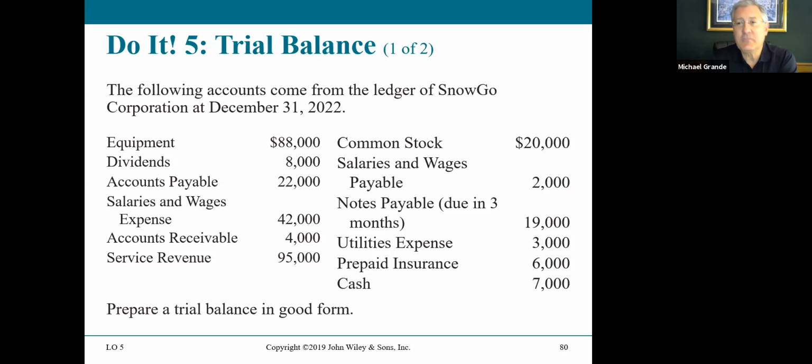Salaries and wages payable, liability, normal credit balance. Note payable, obligation, liability, normal credit balance. Utilities expense, reduction of equity, normal debit balance. Prepaid insurance, asset, normal debit balance. Cash, asset, normal debit balance.